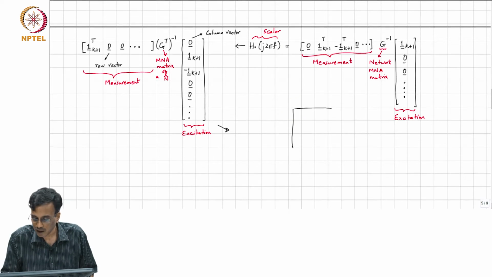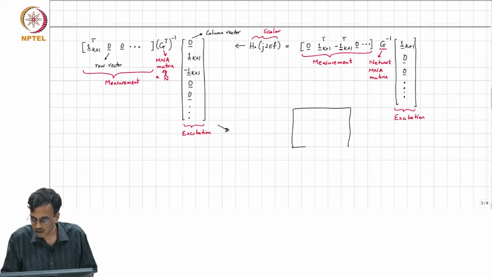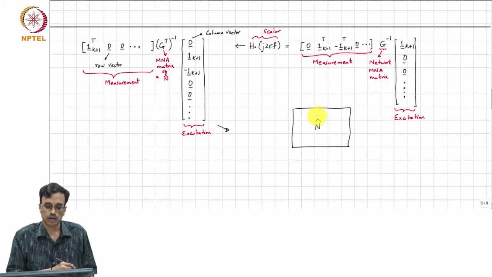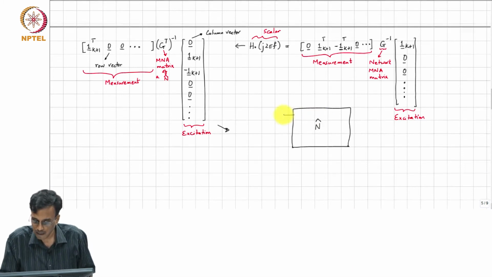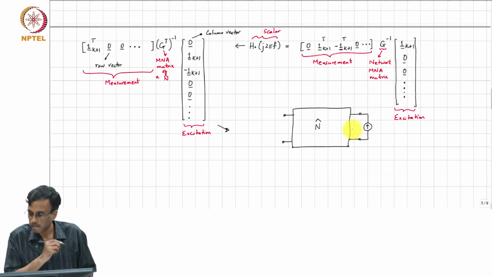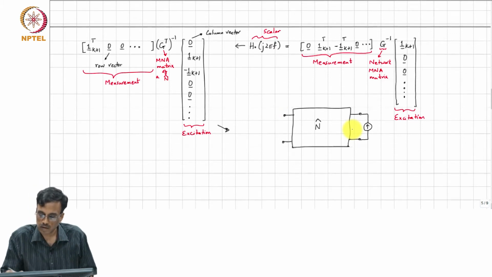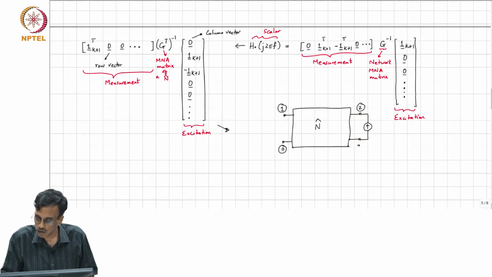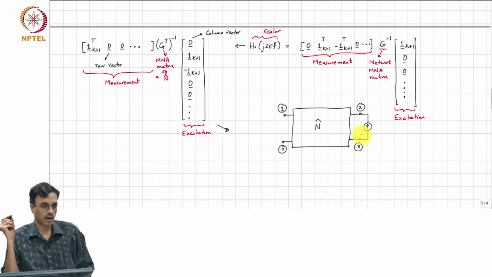Well, we have our network, this is n hat, this is 1, this is 0, this is 2, and this is 3.